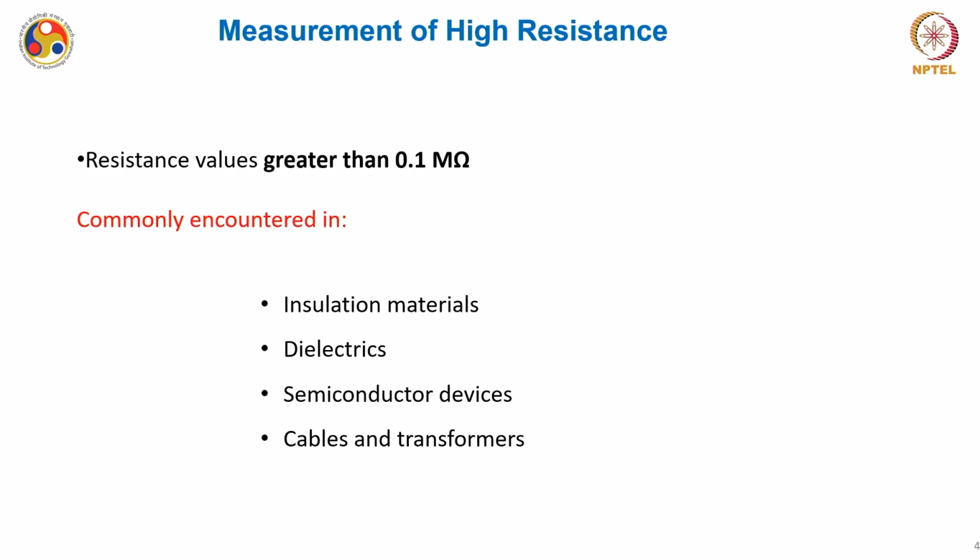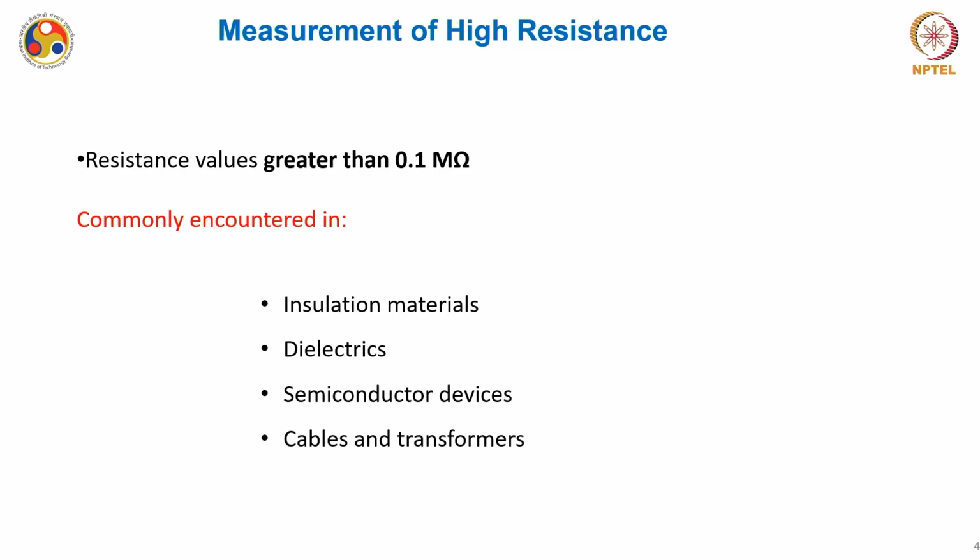Whatever I am talking about is in a practical sense only. Sometimes we have to measure resistances of this order, particularly resistance of insulating materials like dielectric materials, or resistances of certain cables, which are very high resistance, and transformers.